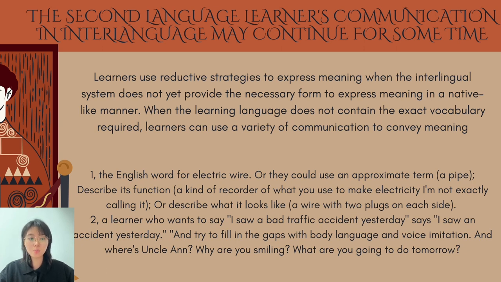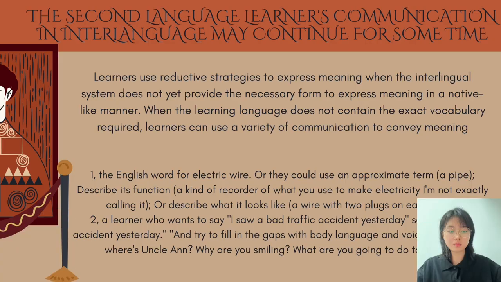For example, when reduced information in the learner's language means he cannot reach his communication goal, the learner will choose to simplify the interlanguage. Sometimes such forms and patterns of language use, if they prove successful in communication with the interlocutor, may persist for some time in the learner's speech.